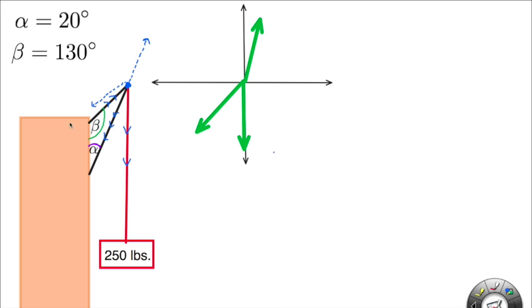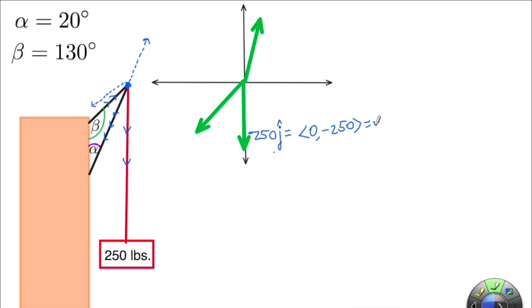All right, let's give these things names. This one, I'm not even going to give it a name. It's literally just 250 j. Because it's going down, you might want to give it a negative. Another way of denoting that would be 0, negative 250. And that would represent the weight.